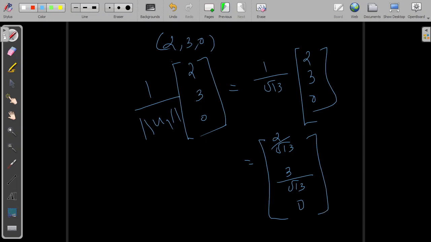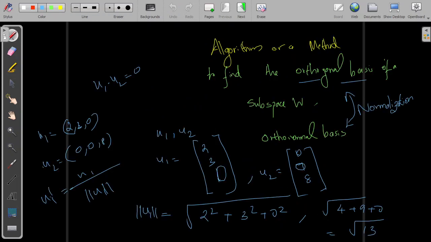So if u1 and u2 form the orthogonal basis, then by normalizing u1 and u2 you will get the orthonormal basis.